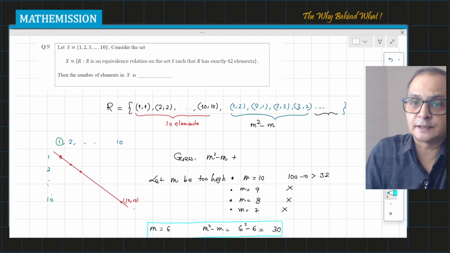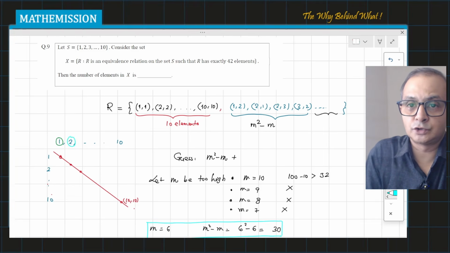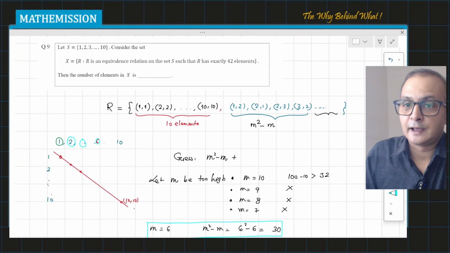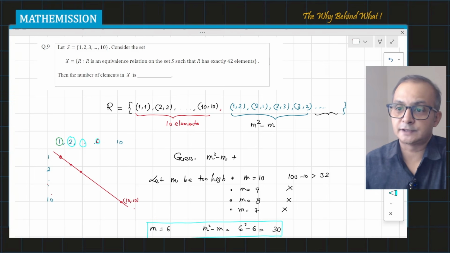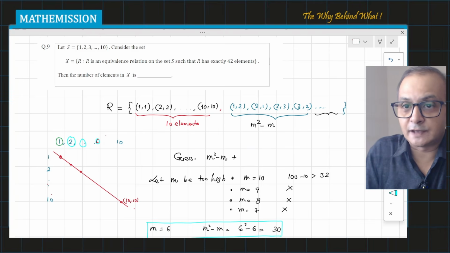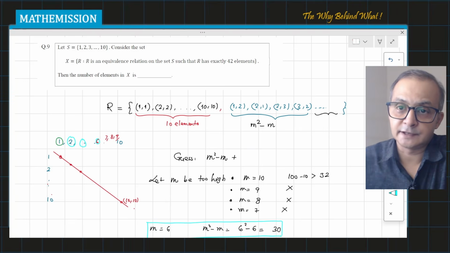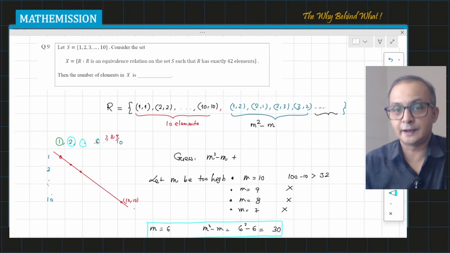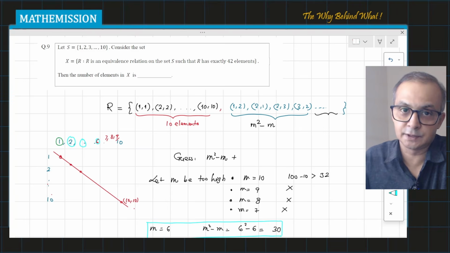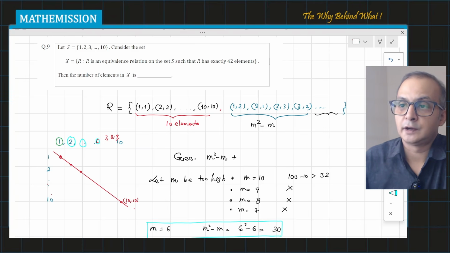In this 6, suppose you have selected 1, 2, 3, 4, 5, 6, till 6 elements, and from there you got 30. But what about the 7, 8, 9, 10? Suppose you have not chosen these 4, but they will contribute to fill this 2 unit gap, meaning 2 numbers I need.